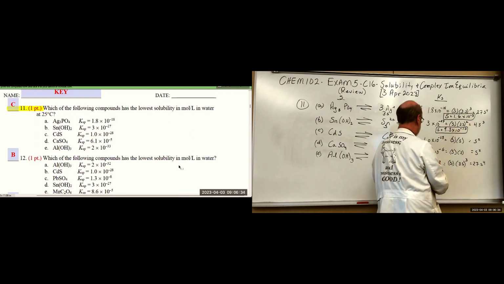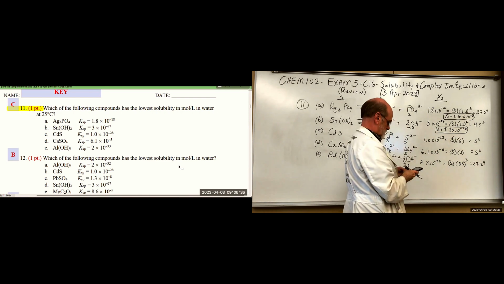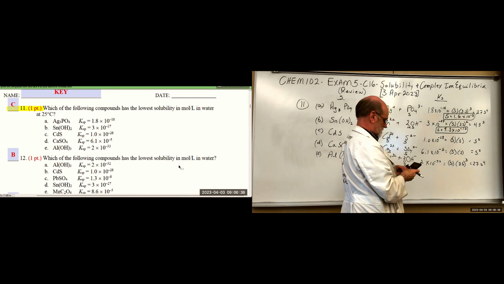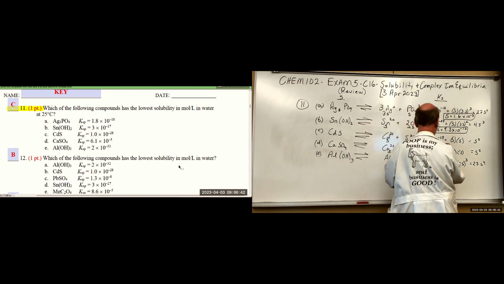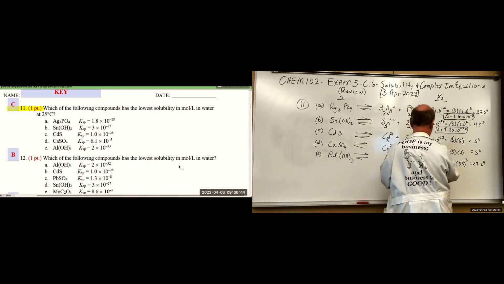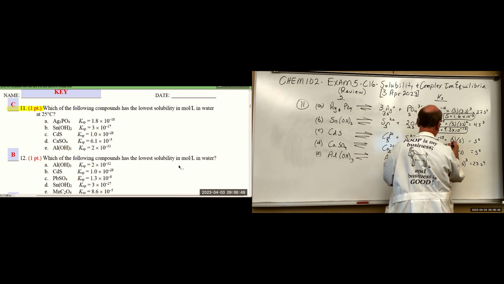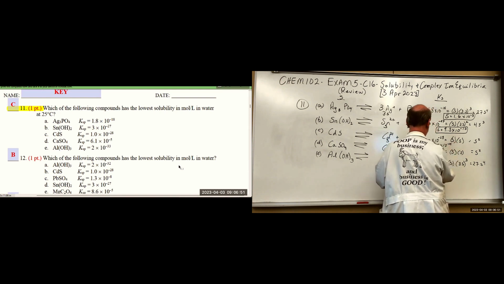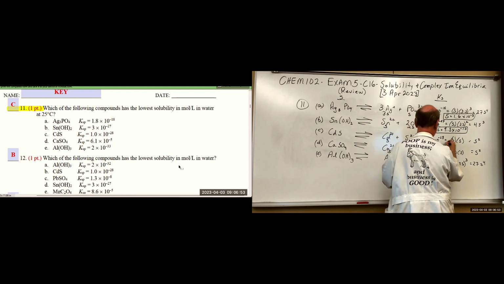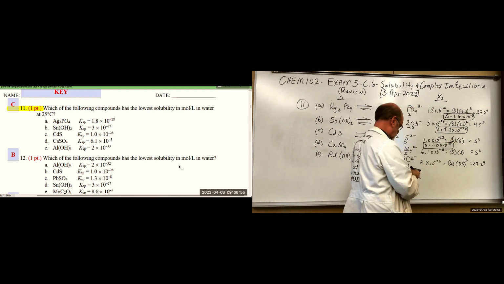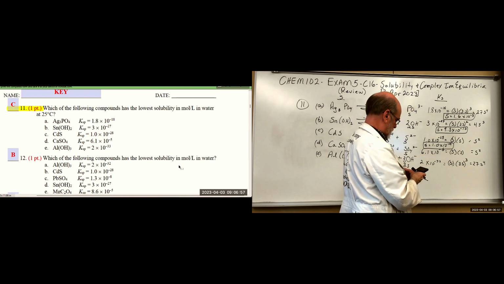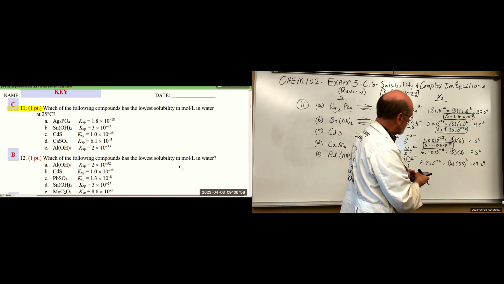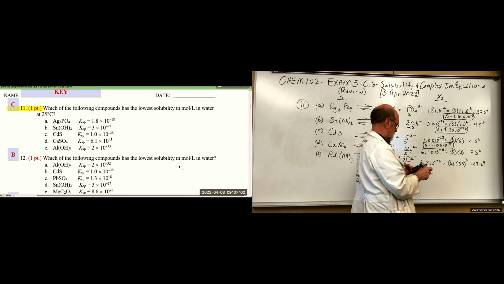This one we just take the square root. I should have been able to do this with my head. 10 to the minus 14. Then 6.1 exponent minus 5, and take square root of that.